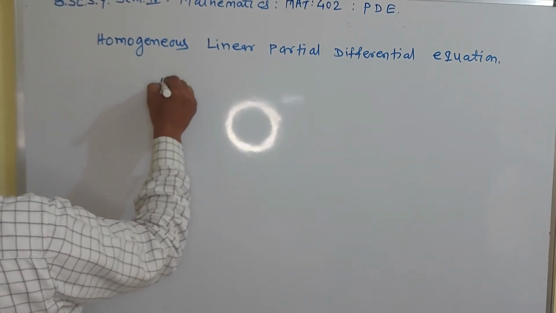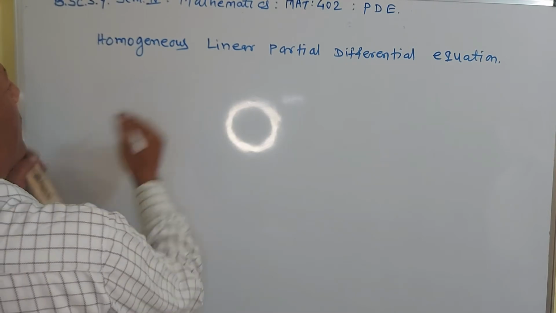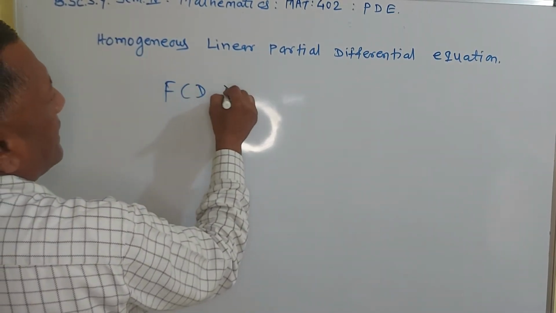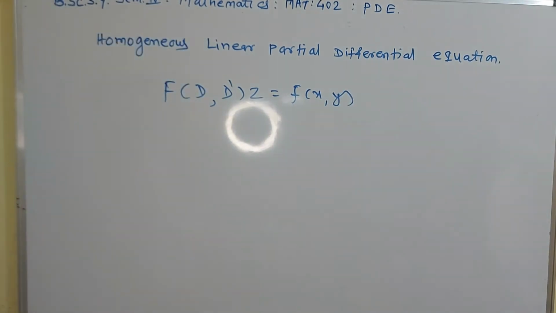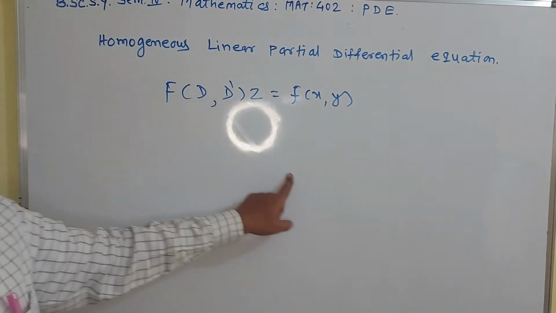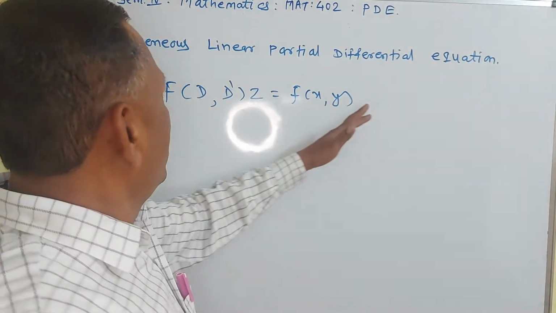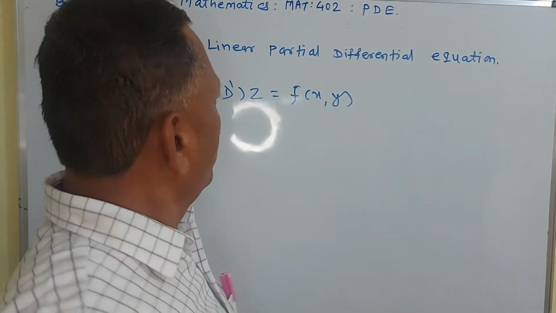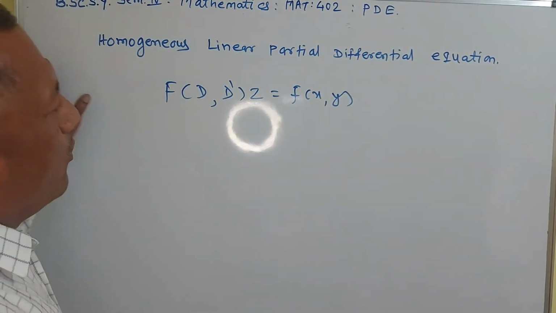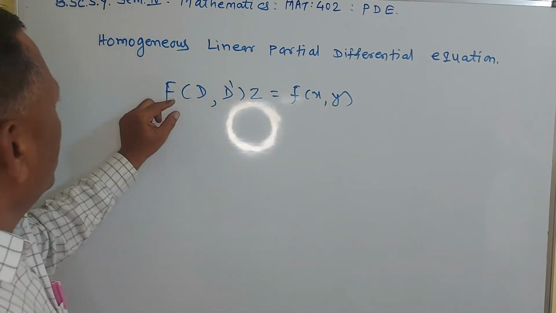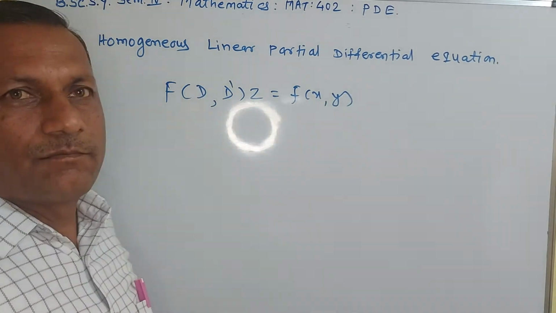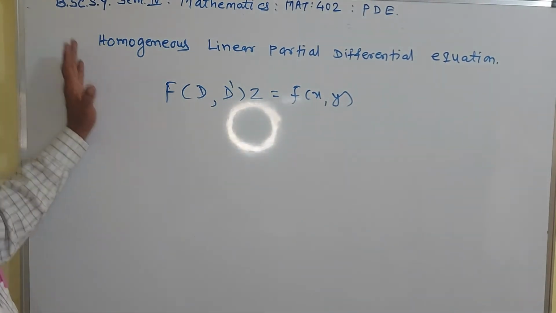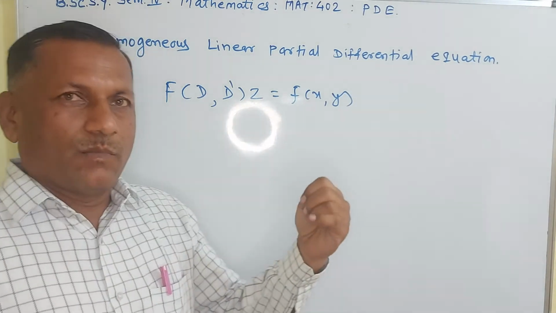You say that f(D, D') operated on z equal to f(x, y) is a homogeneous linear partial differential equation if f(D, D') is homogeneous in D and D'. It is said to be a non-homogeneous partial differential equation if this equation is not homogeneous. Then we learn homogeneous linear partial differential equations.